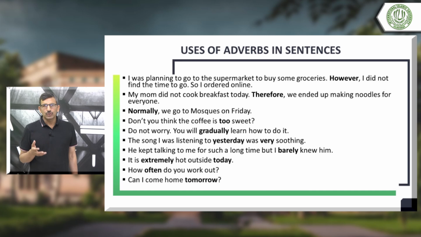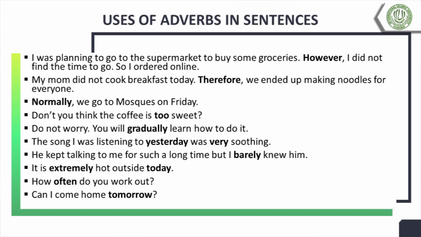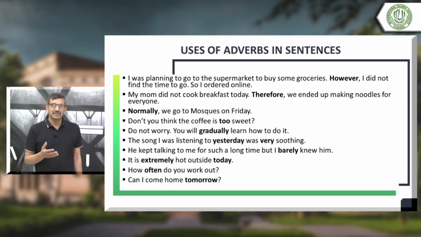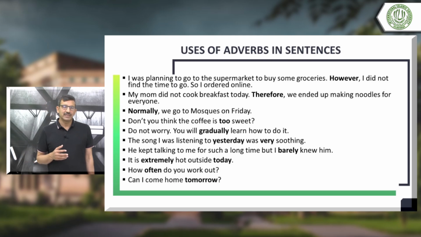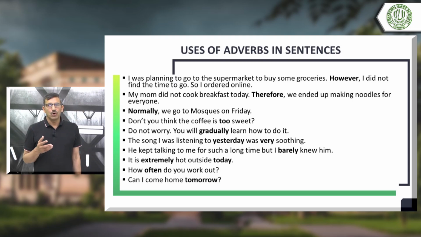Another characteristic of adverbs is that we can use multiple adverbs in a single sentence. We will have a look at the following examples, and then we can better understand the use of various adverbs in a sentence. These are the various examples in which adverbs are used in the beginning, in the middle, and at the end of a sentence. The first one is, normally, comma, we go to mosque on Friday.